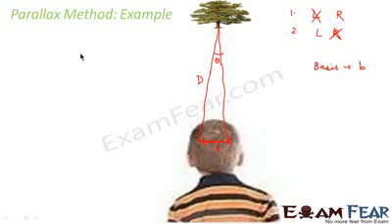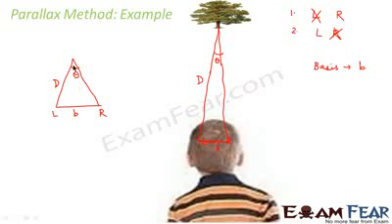Okay, so we'll have the sketch here so that it becomes easy for you to understand. So this is the basis because this is the distance between the left eye and the right eye. This angle is theta and this distance is d.